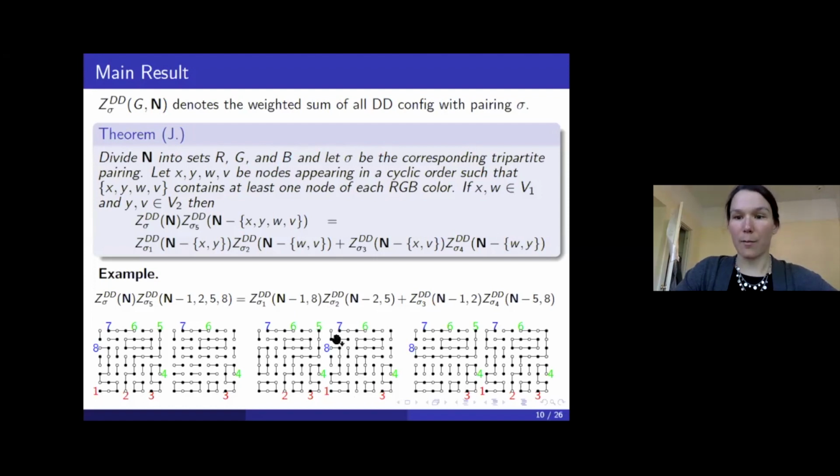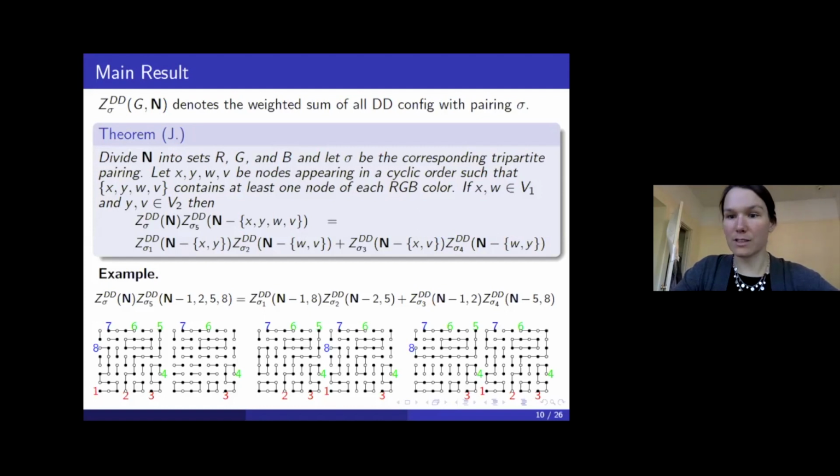Again, like with Quo's theorem, each of these terms on the right-hand side comes from deleting one black node and one white node, like for instance, 1 and 8. And then the pairing is always the unique pairing in which like colors are not paired together. So that is the theorem statement.